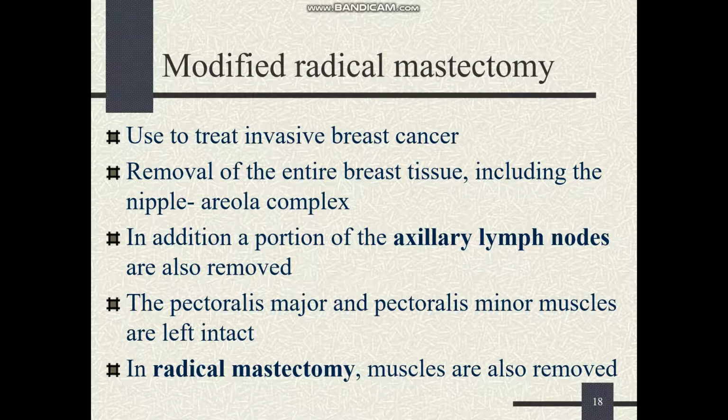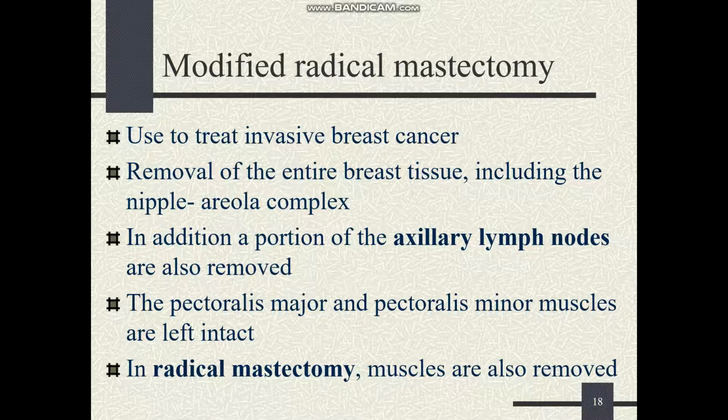First one is modified radical mastectomy. It will always come as a differentiate of modified radical mastectomy or total mastectomy. Anything can be asked. So here in modified radical mastectomy, we will be removing the entire breast tissue, including the nipple areolar complex.